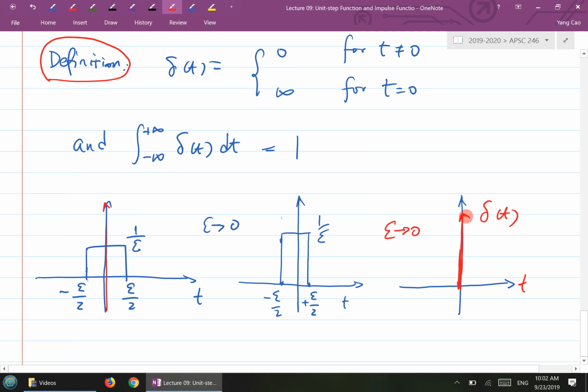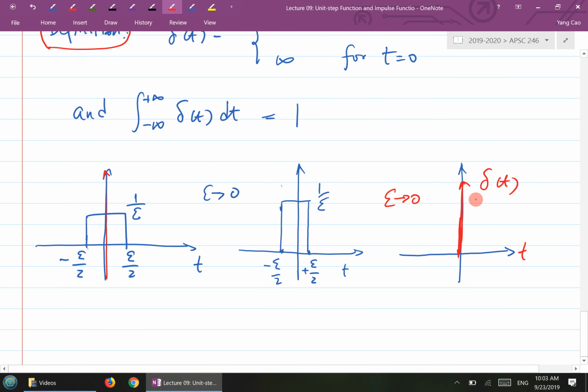However, you still want to convince yourself that even though this is just an arrow, the bottom length is still a box. The bottom length of the box is this minus this, and the height of the box is this. Now, if I ask you, what is the area underneath this box?